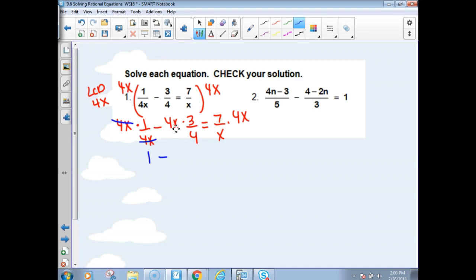On the second fraction, when you multiply 3/4 by 4x, the 4's would cancel out, giving you x times 3 or 3x. And on the right side, the x's would cancel out, and you would be left with 7 times 4, which is 28. Next, we would subtract 1 from both sides, giving us 27, and divide by -3, giving us -9.